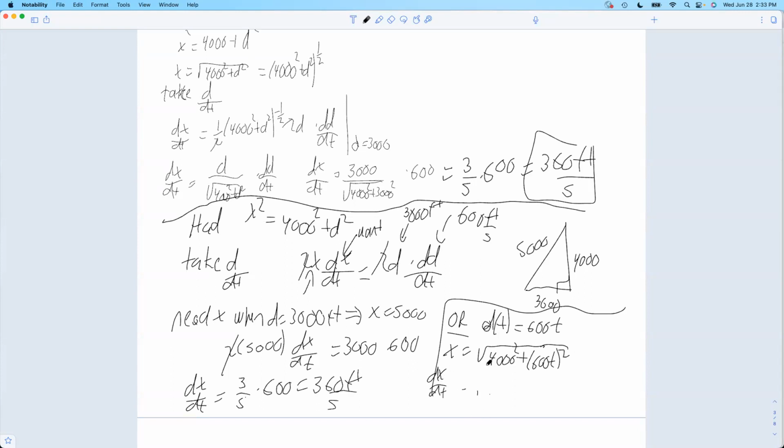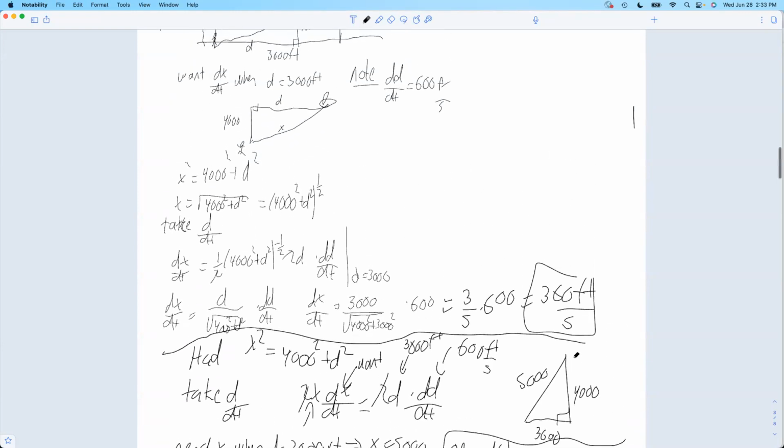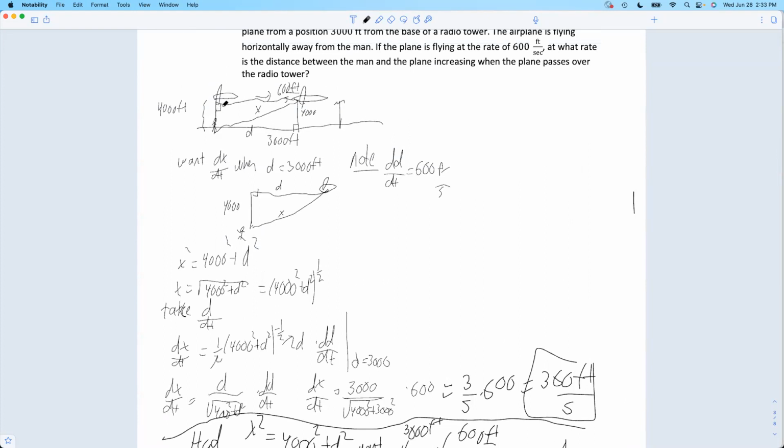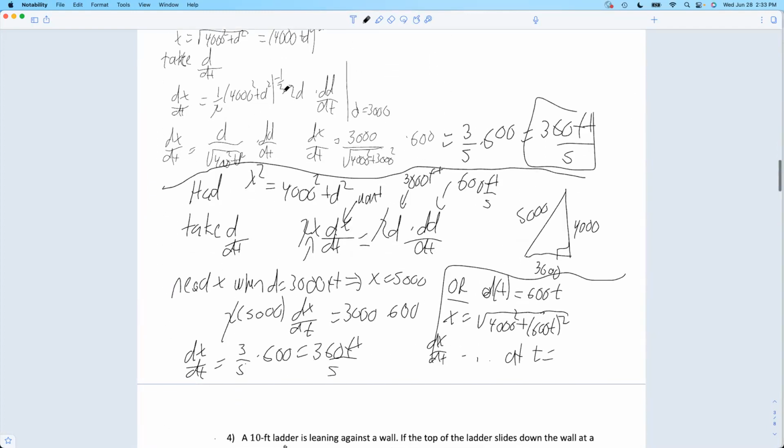You literally just take the derivative with respect to time, but now you would have to find that time. So I would get that at t equals, see, now I got to do some work. How long would it take? If I'm going 600 feet per second, how long would it take me to get 3,000 feet? That would be 5 seconds. So I just divided 3,000 divided by 600.